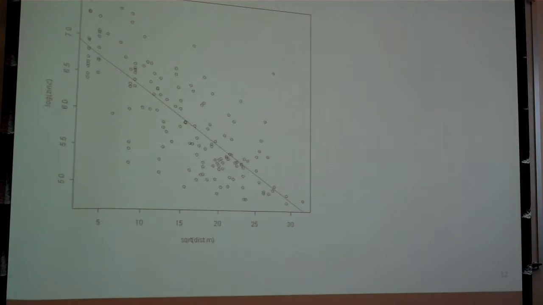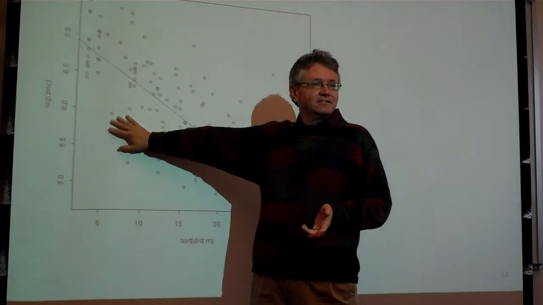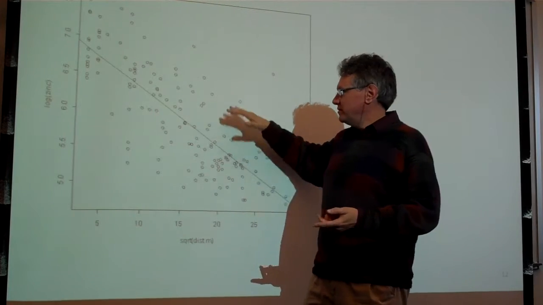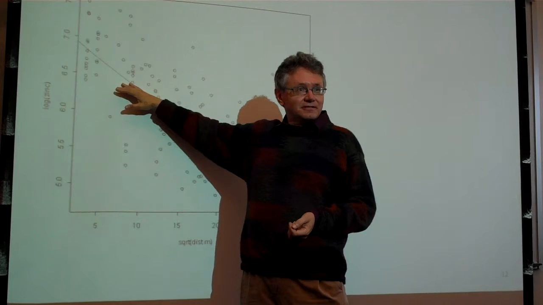The reason for thinking that might be true is that there are probably processes other than distance that affect the zinc level. Those processes are not in this model; they're folded into the error term.